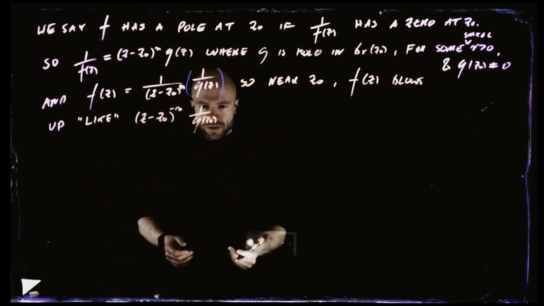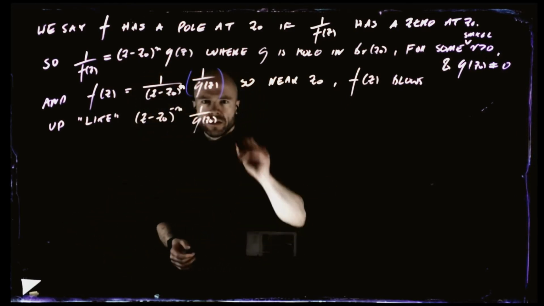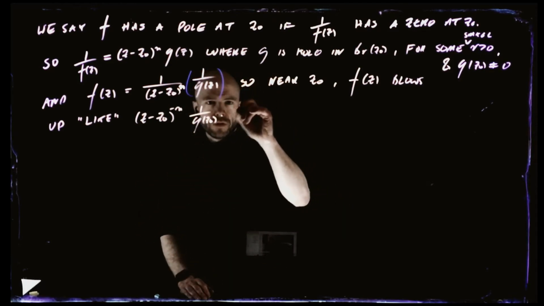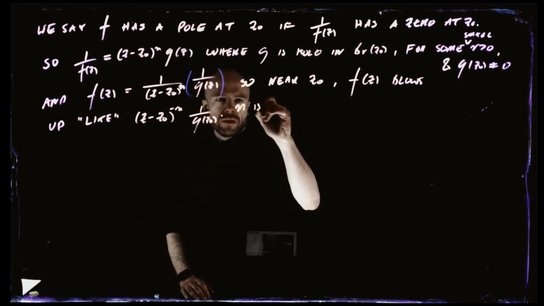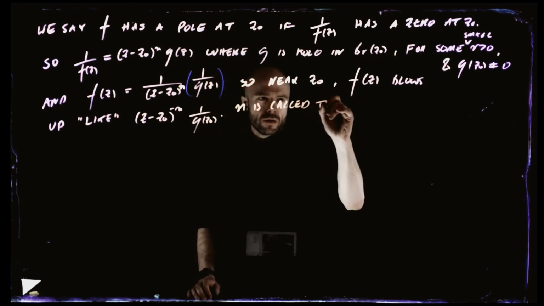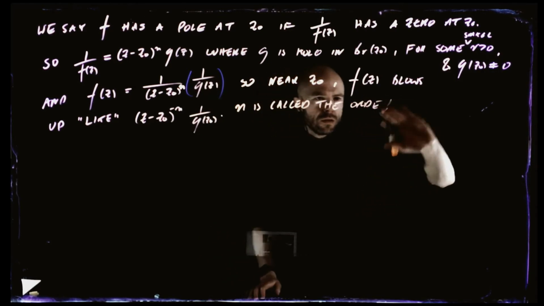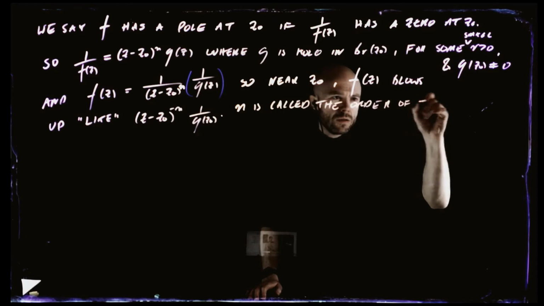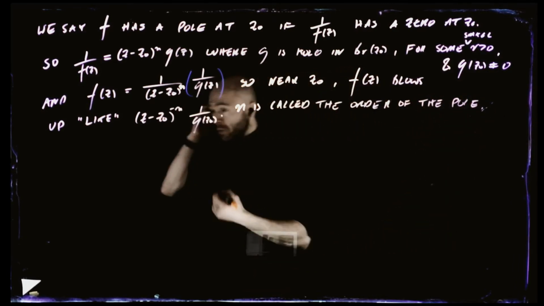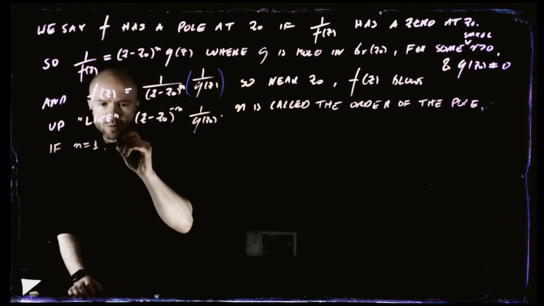So it's got a singularity, but it's an incredibly regular singularity. Its singularity is very manageable, and n is called the order of the pole. And if n is 1, we're going to call this a simple pole. So if n equals 1, this is a simple pole.